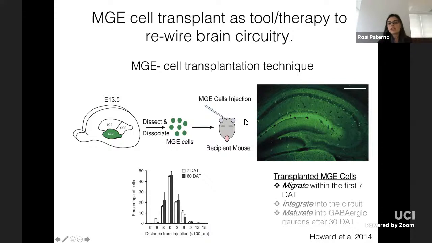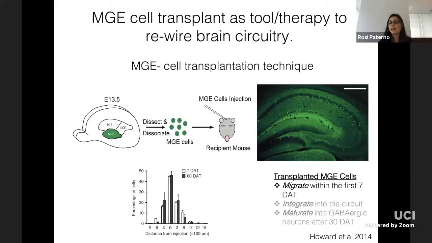After the cells are injected, they migrate from the injection site and reach different parts of the brain region where they were injected. It's a pretty fast type of migration, because after 7 days post-transplantation, they have already reached the final structure where they will be.